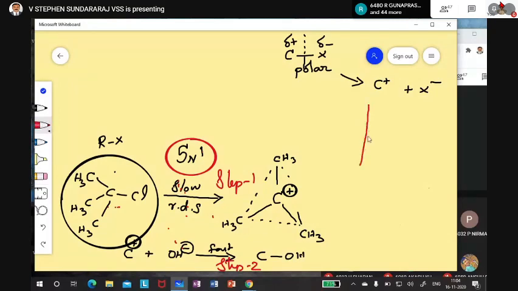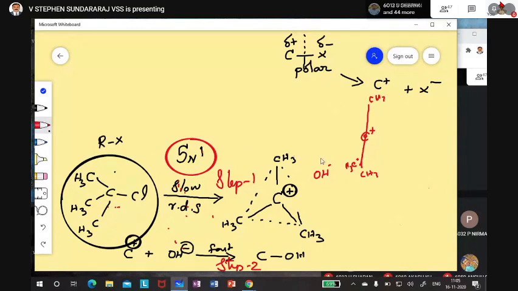Here this is the carbon plus, and here one carbon and that carbon, that carbon. You can say I am showing the triangular plane like this, perpendicular to the board screen. Now, what is that OH minus? Here one CH3 is there. Here one CH3 is in the triangular plane, but when you see from this position, it looks like a line only.